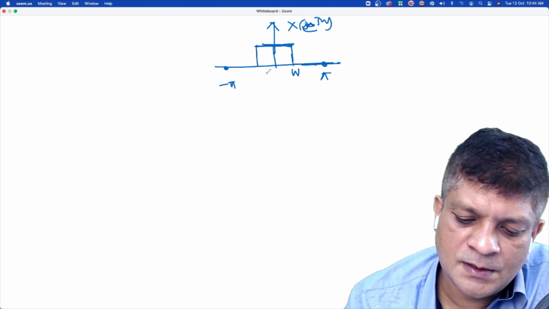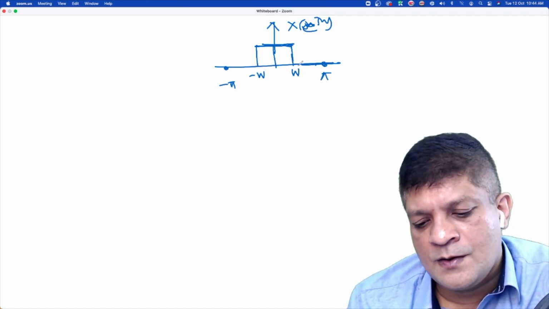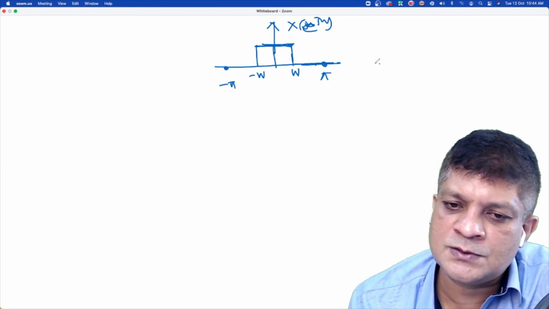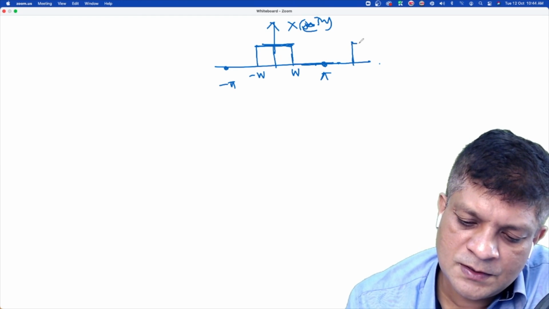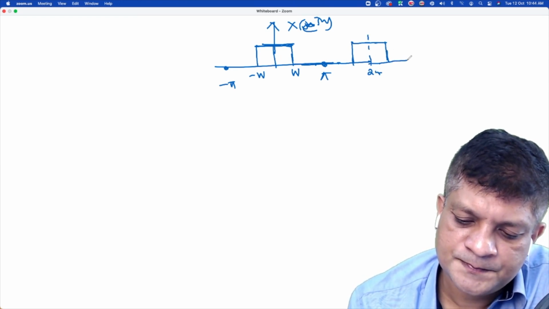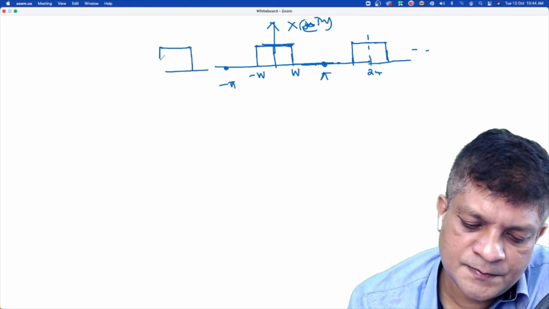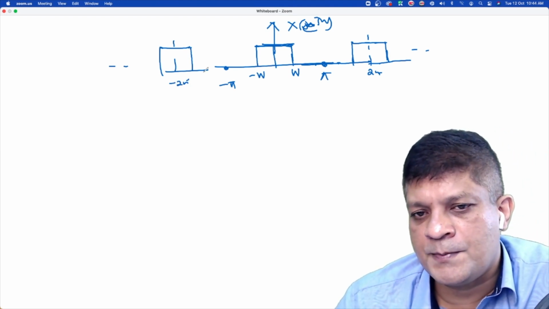Let's say this is W and this is minus W. Remember, this doesn't mean that the value is 0 outside this. This is a 2 pi periodic function, so this pattern repeats, also at minus 2 pi.